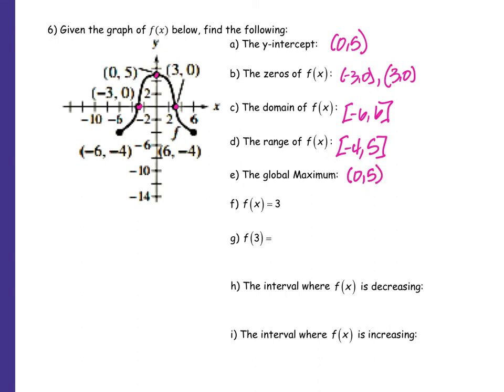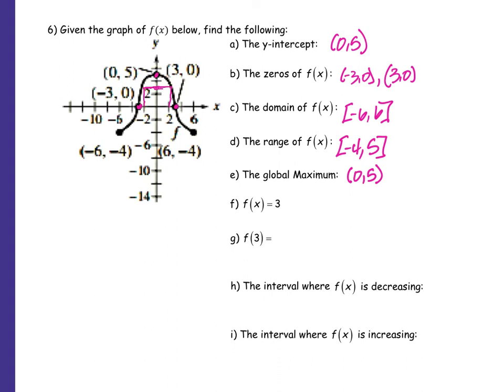F says if y equals 3, what does x equal? Okay, so if y equals 3, which is right in here, I'm sorry, my line is not going to be straight. Right there. What does x equal? Well, x equals 2.